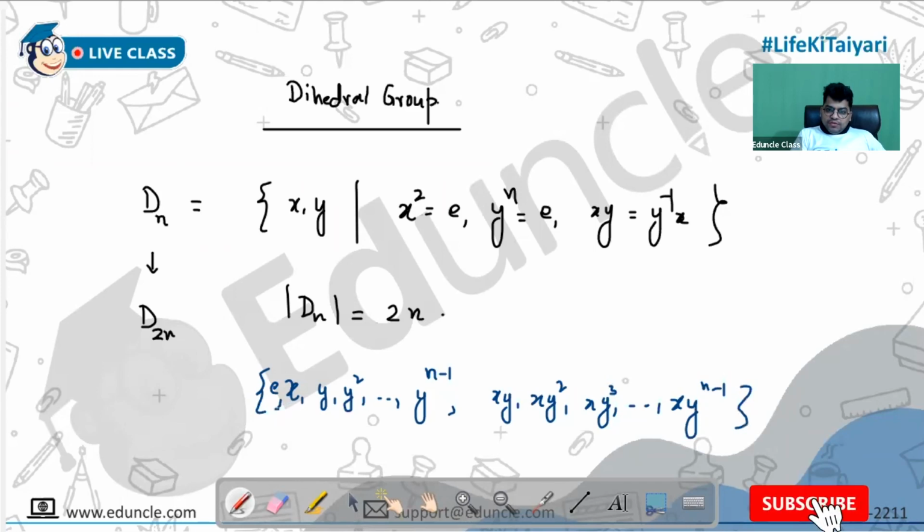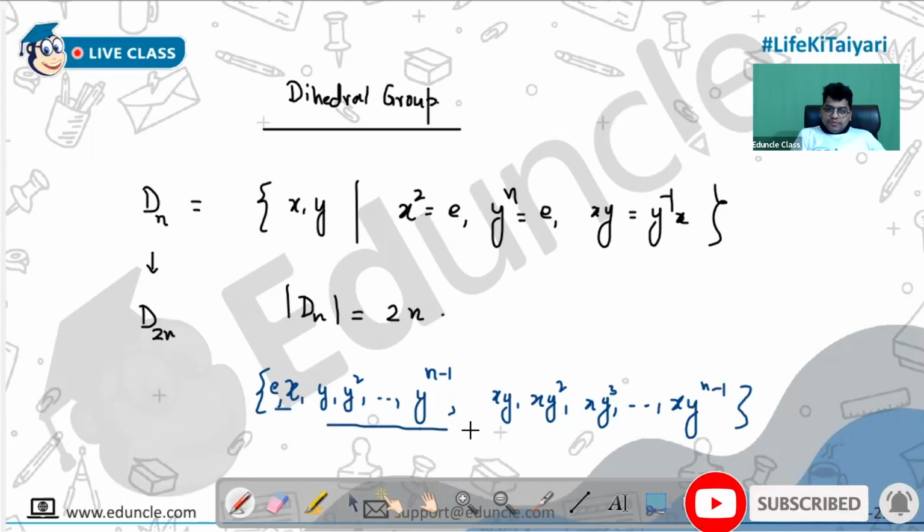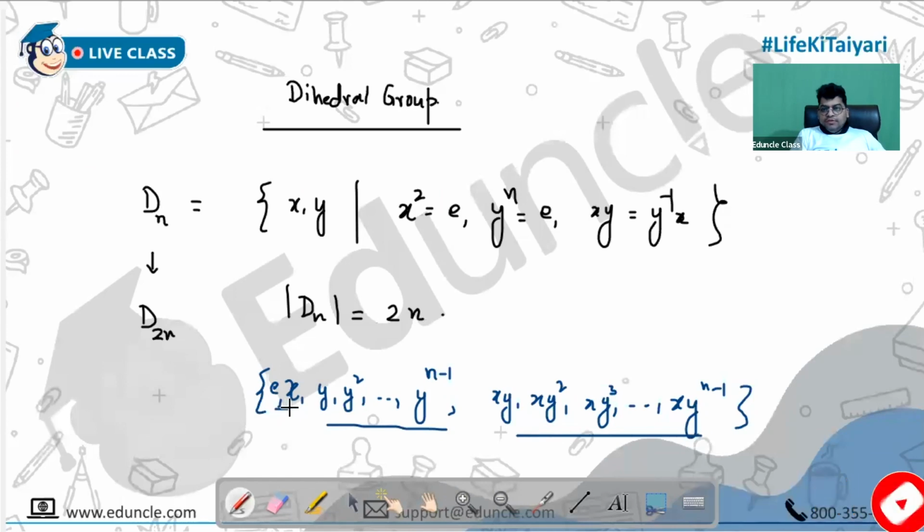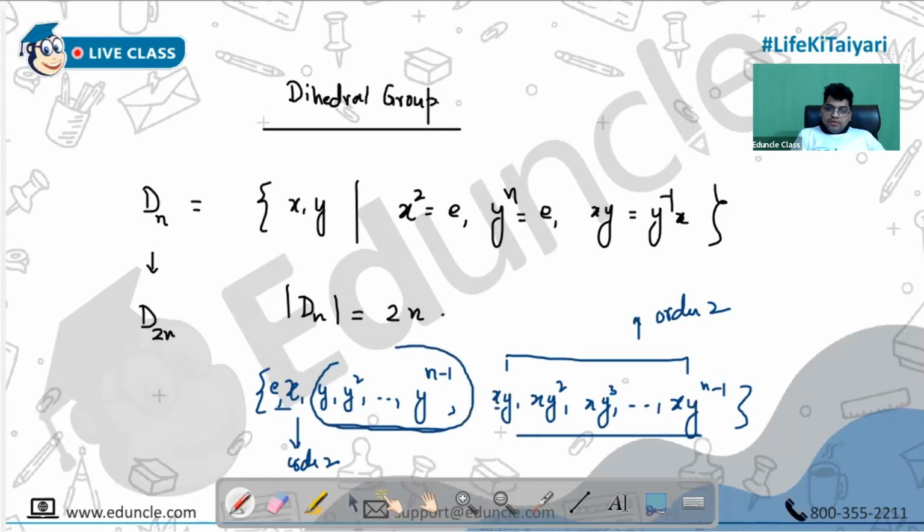So this is n minus 1, and this is n minus 1, 2n in total. In this dihedral group, all the elements x, xy, xy squared and so on are of order 2. So we have n elements of order 2. But if n is even, y raised to power n by 2 is also of order 2.